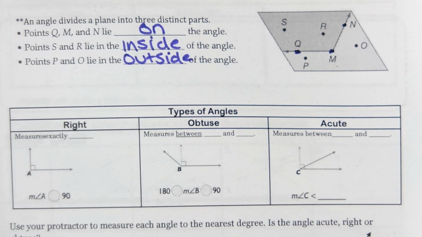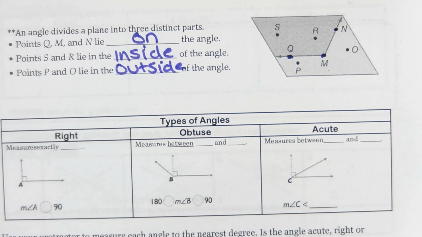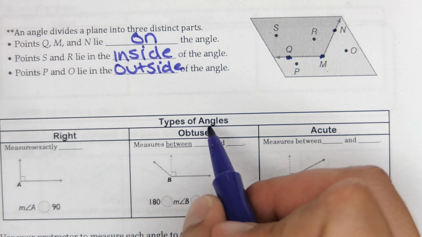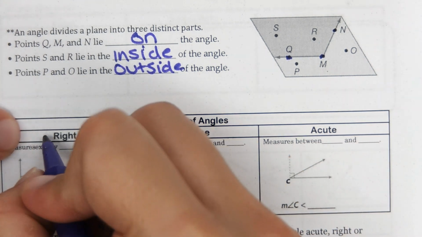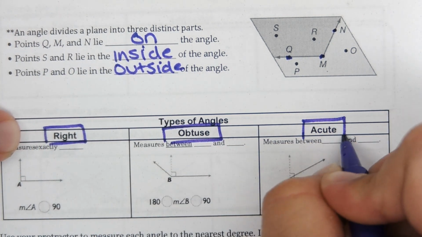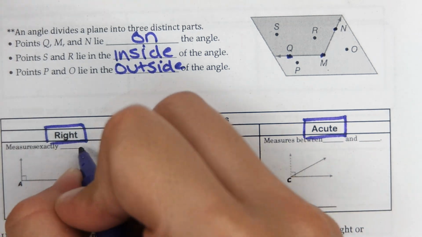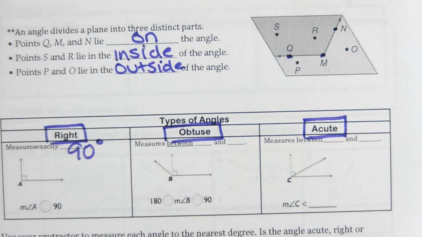Okay, and then the next box, types of angles. I know you've seen this before, so just like reviewing it, putting it back in your brain. There are 3 types of angles, and we identify them as either right, obtuse, or acute. Do you remember those words? Read them before? Okay. So a right angle measures exactly 90 degrees.